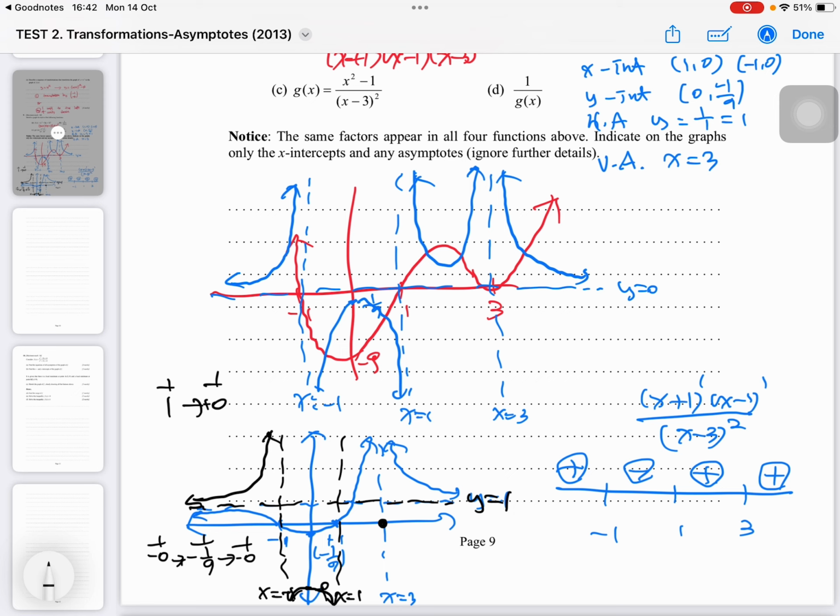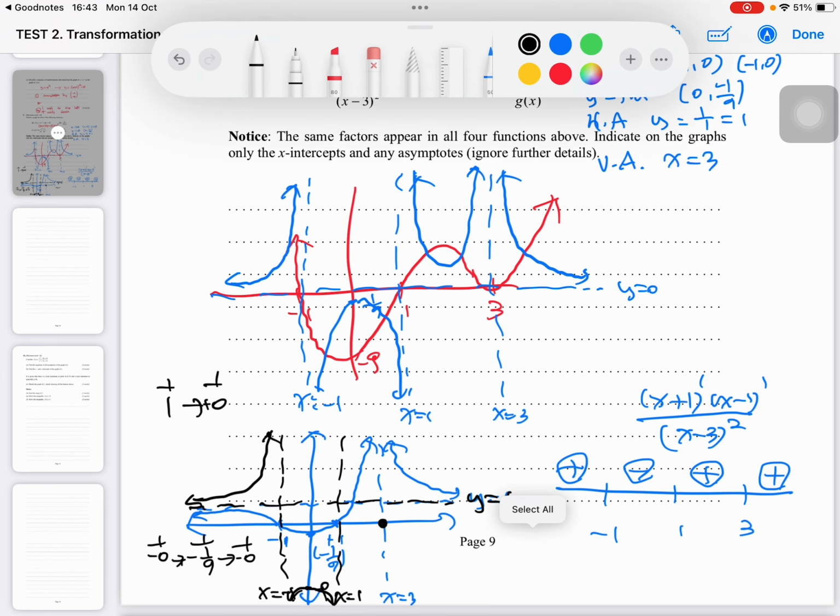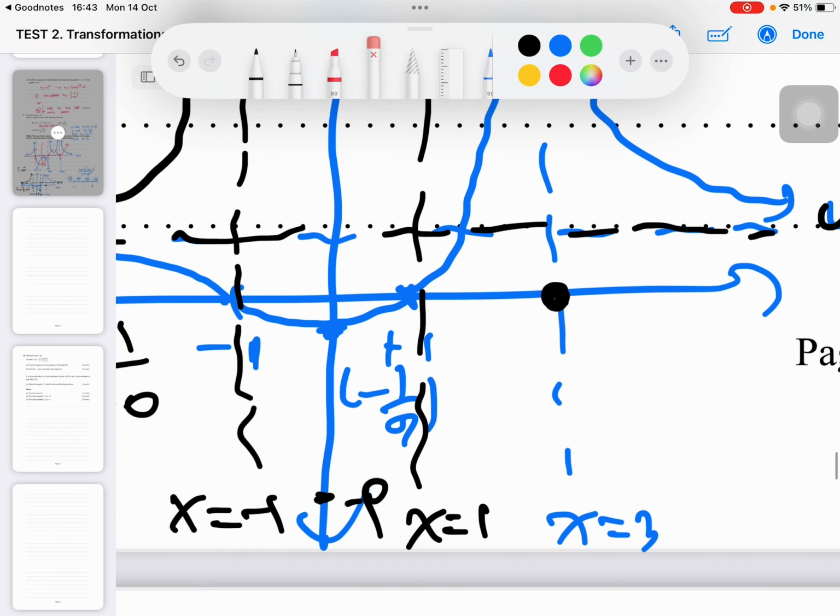And yeah, it doesn't show very well. Let's see if I have the negative 9 a little bit higher, for example. Let's say if this is negative 9, then the graph is like this.